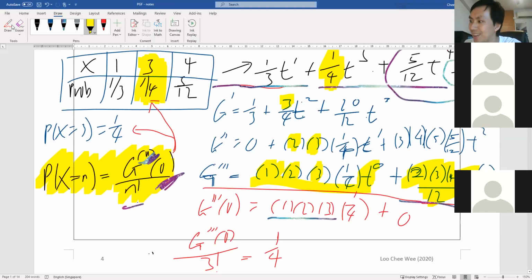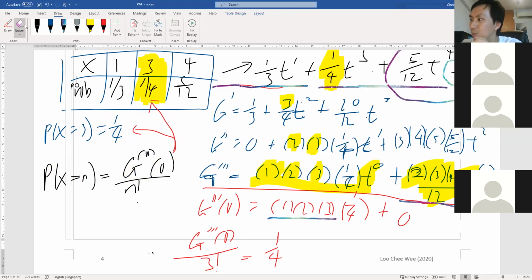Can you follow so far? But isn't that a bit circular because you already know what it is? This is built on the assumption that you know the table or values right at the start in your face, right? You get what I'm saying? It won't be the case in some of the PGF questions.